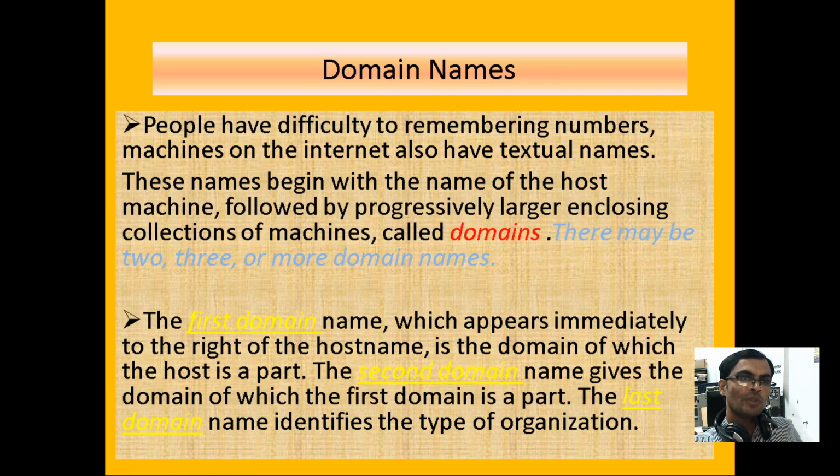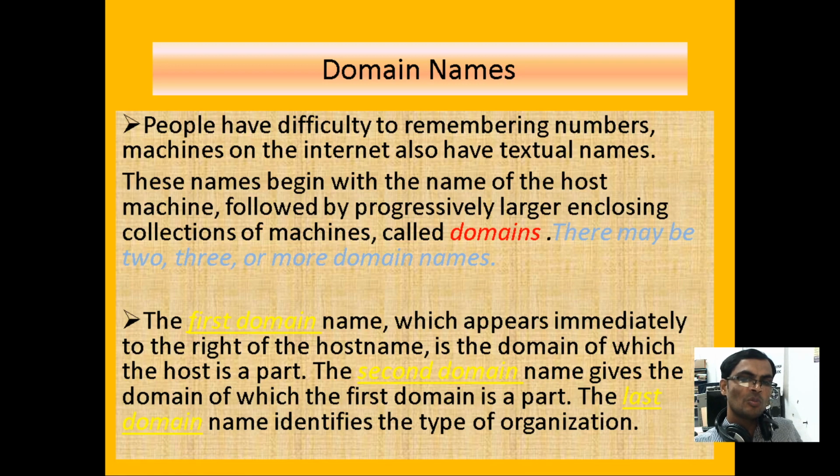Now coming to the domain name. People find it difficult to remember numbers, so machines on the internet also have textual names. These names begin with the name of the host machine, followed by progressively larger enclosing collections of machines called domains. There may be two, three, or more domain names.